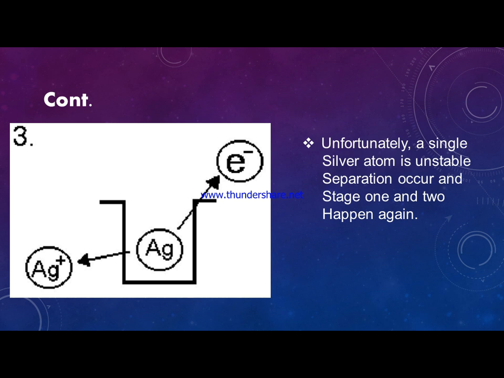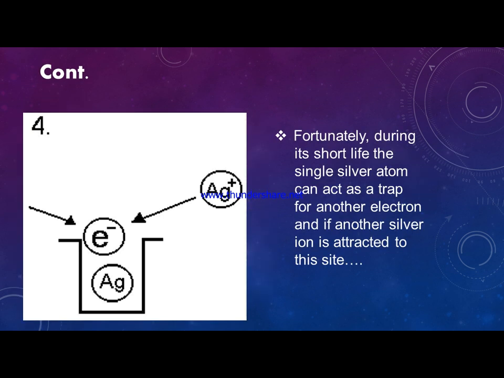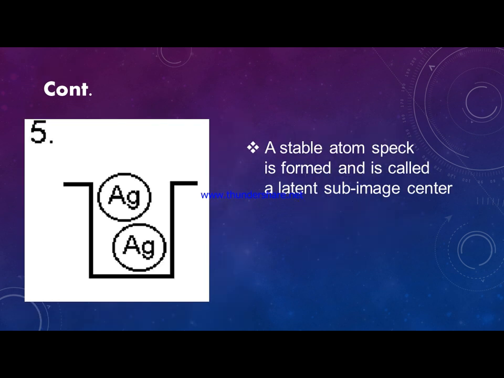Unfortunately, a single silver atom is unstable, separation occurs, and stages 1 and 2 happen again. Fortunately, during its short life, the single silver atom can act as a trap for another electron, and if another silver ion is attracted to this site, a stable atom speck is formed, also called a latent sub-image center.